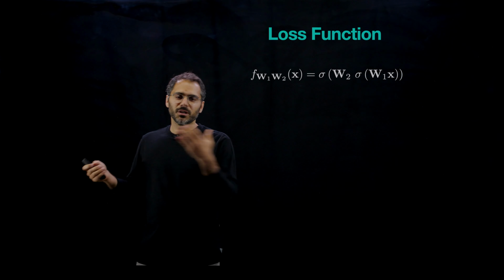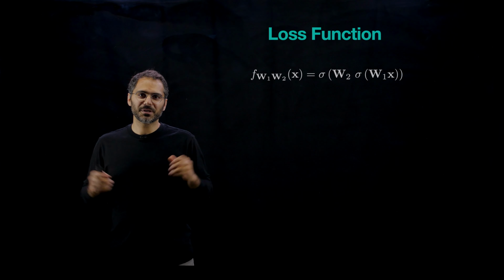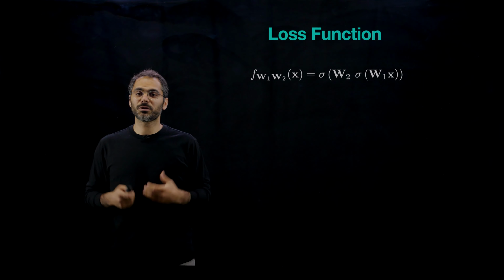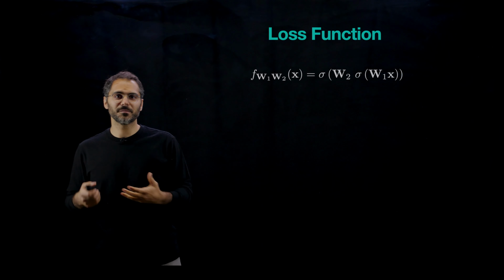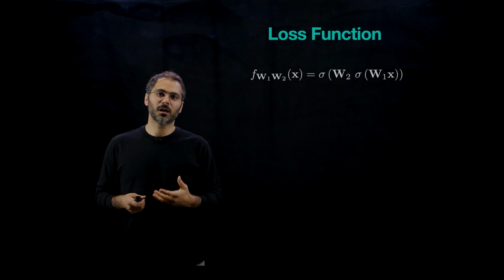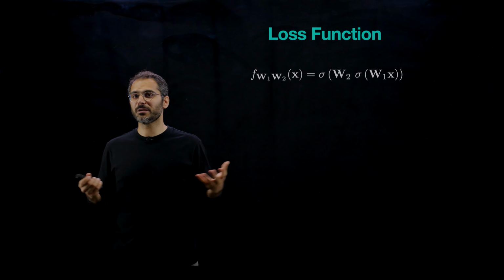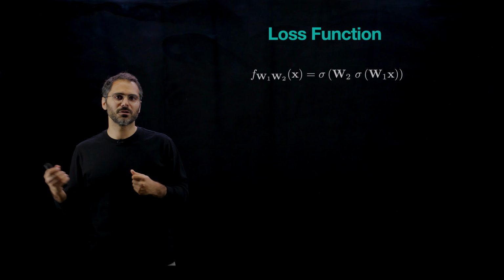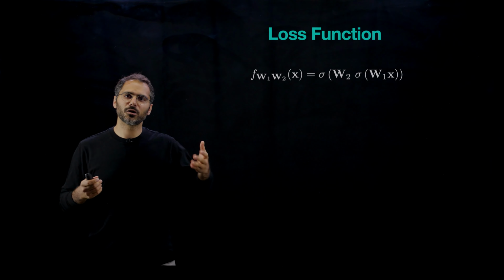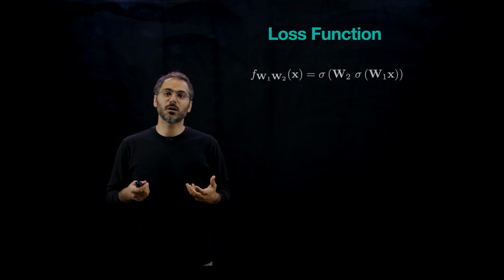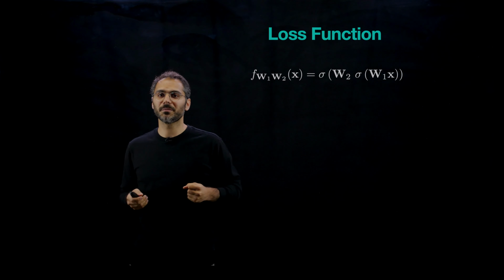Now, we will go through the normal topics of machine learning. What is the loss function? We want to find the best possible weights. Now we have matrices that are weights, W1, W2, W3, depending on how many layers we have. So what is our loss function, and how do we optimize that loss function?